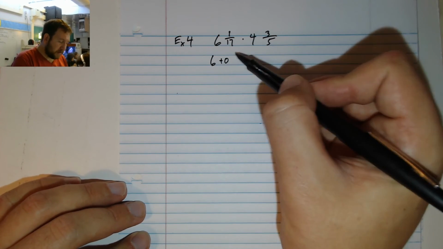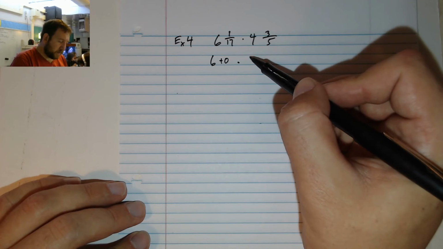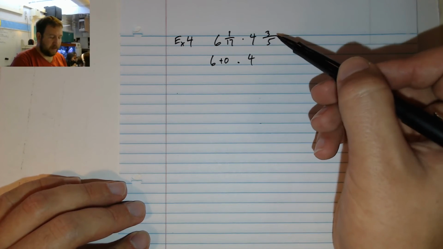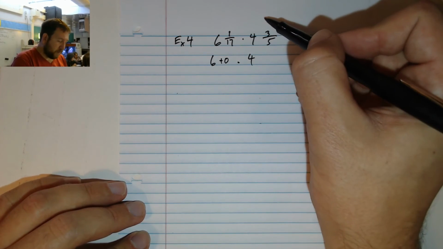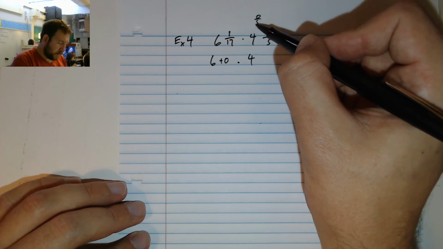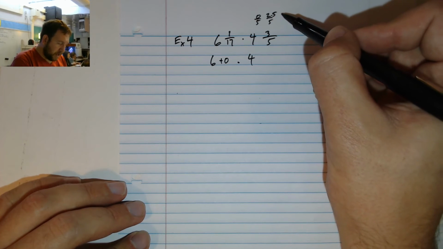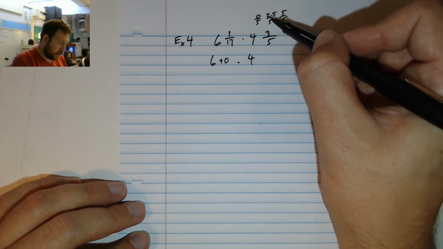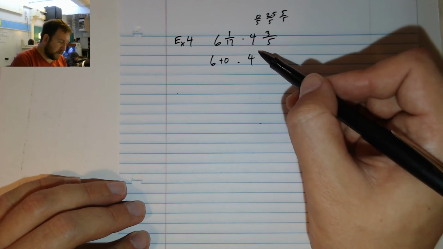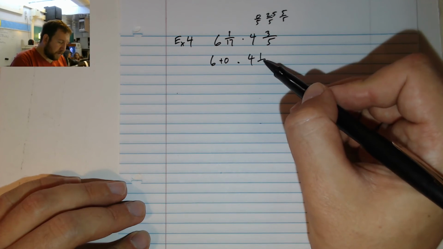So I can say that's going to be 0. Times 4, and we've got 3/5. My gut's going to say that's about halfway. Let's look. 0/5, 2.5 fifths, and 5/5. Well, 3 is definitely closest to 2.5, so I'm going to do 4 and a half.